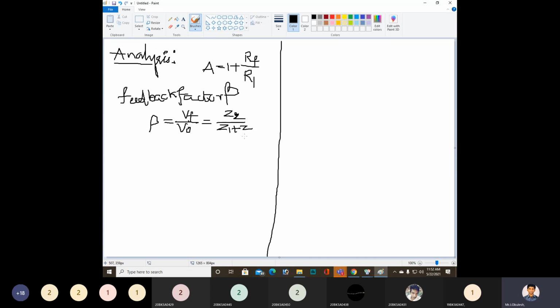Parallel impedance by series and parallel impedance. Then you need to write Z1, where Z1 is equal to R1 plus 1 by SC1.